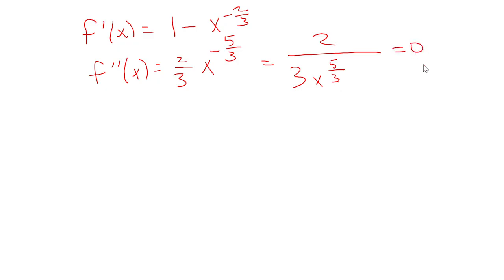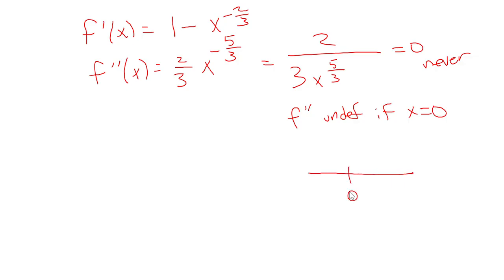Now, this is equal to 0 never, right? Because the numerator is 2. So the fraction can't equal 0 if its numerator is 2. But f double prime is undefined if x is equal to 0. So we need to make a sign chart that only includes 0 for our second derivative.